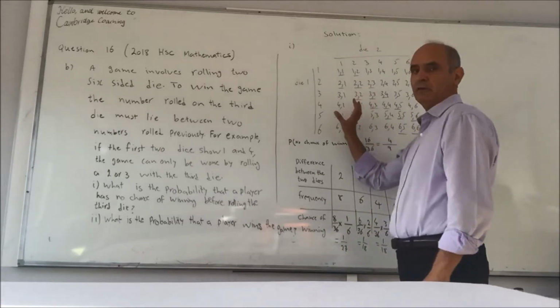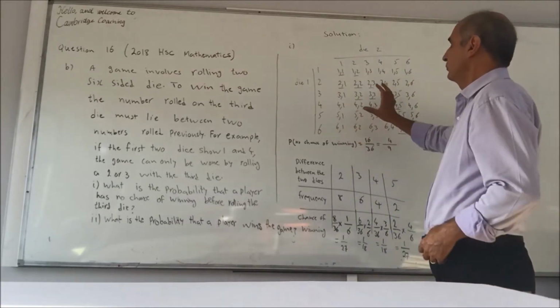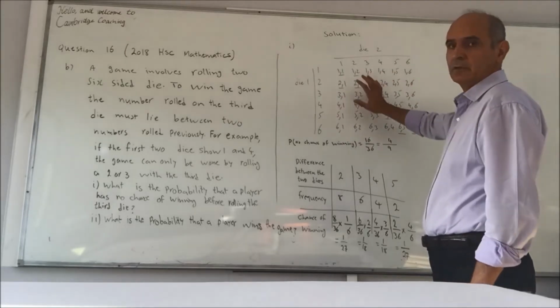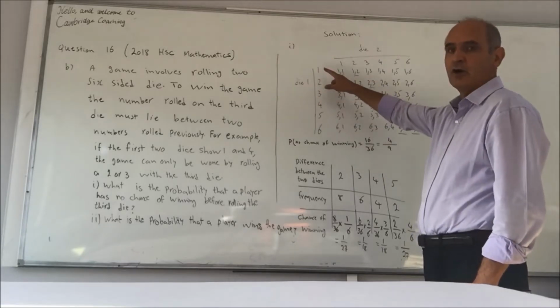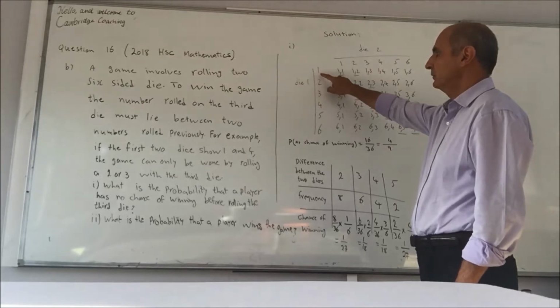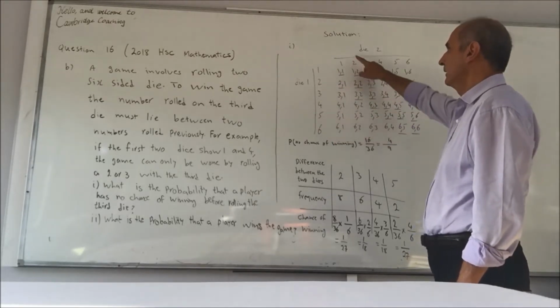One way of approaching that properly is forming a table like this, where we show all the possible outcomes for die 1. For die 1, I can have any number from 1 to 6.